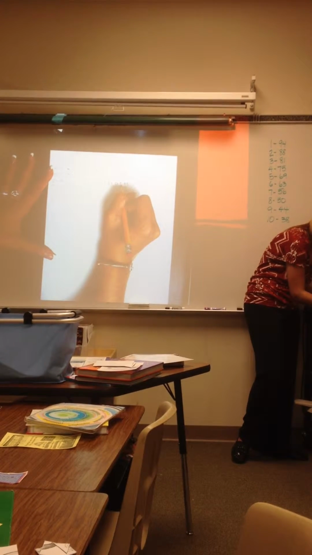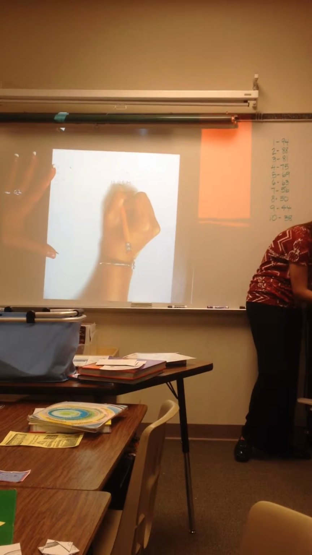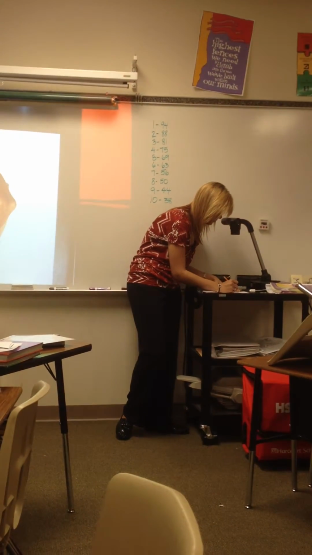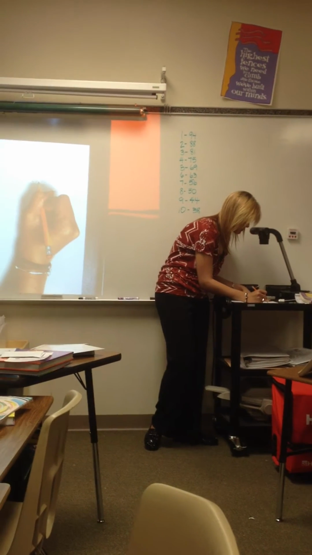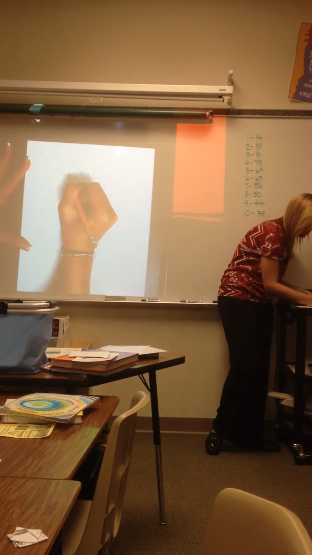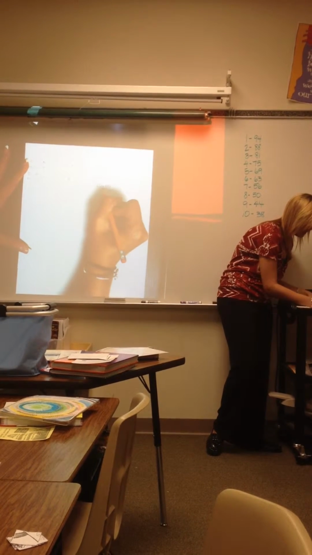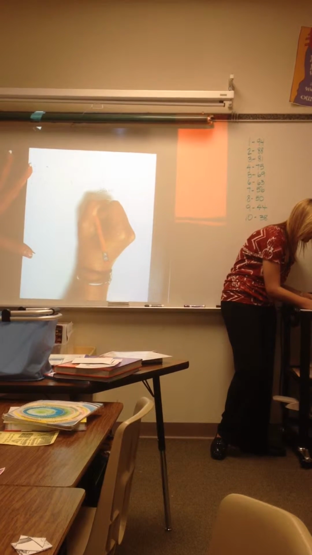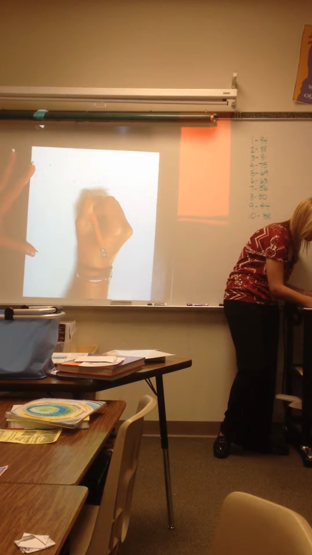Okay? So we start here from centimeters, and we want to go all the way to kilometers. So let's see how many spaces that is to jump. 1, 2, 3, 4, 5. So we take our decimal and we move it the same direction, 1, 2, 3, 4, 5.